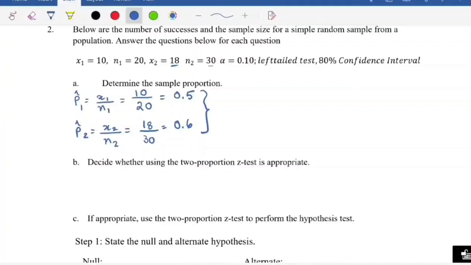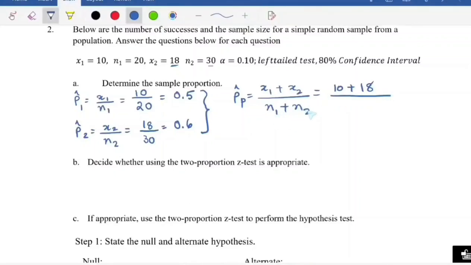Now we might as well also find p hat sub p, because that's going to figure in our equation when we go to find the test statistic. It's a very simple formula: x sub 1 plus x sub 2 divided by n sub 1 plus n sub 2. So x sub 1 plus x sub 2 is 10 plus 18, these numerator values.